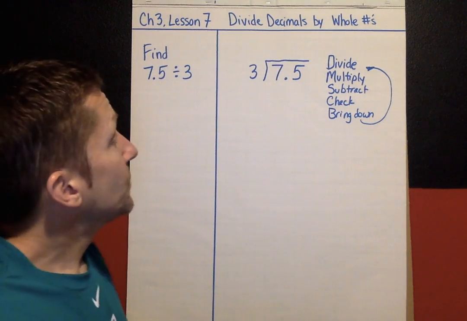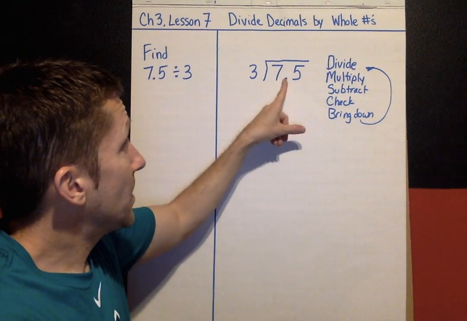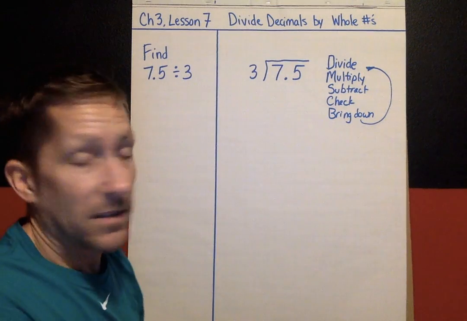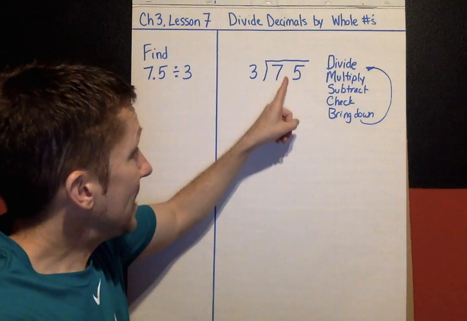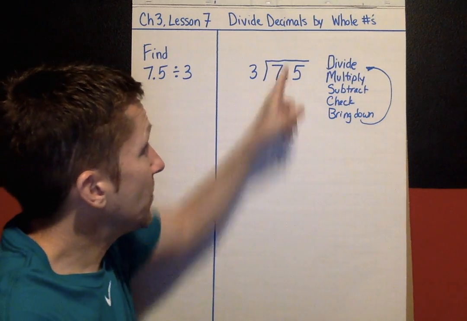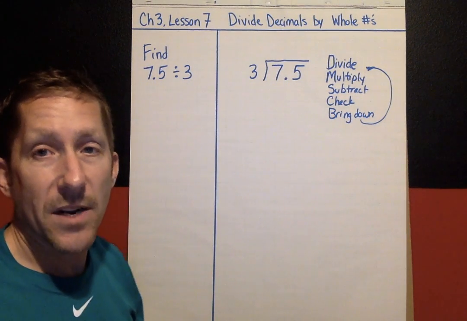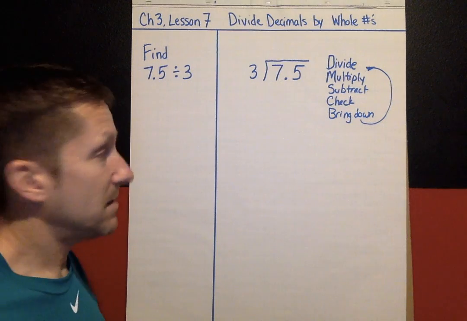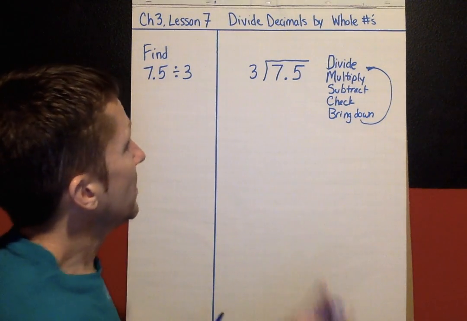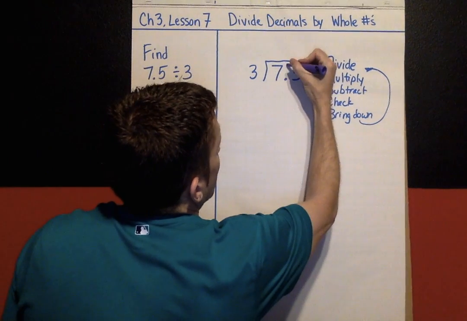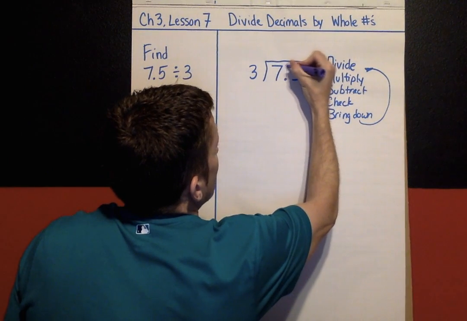Over and over. If you have a decimal number divided by a whole number, you have to get the decimal in the right place. The decimal goes straight up in your answer, and that's why it's really important to keep things lined up, neat, and organized. So in my answer, my decimal point just moves straight up.